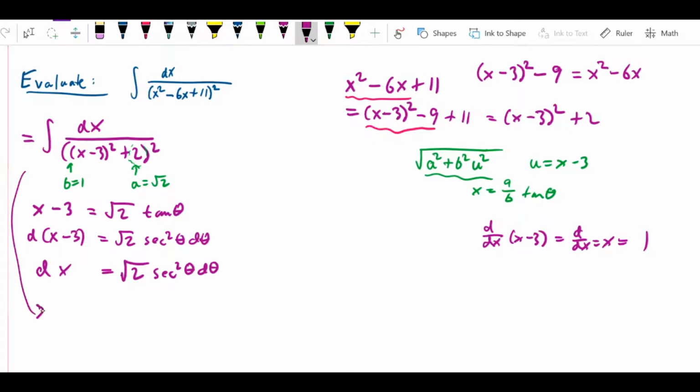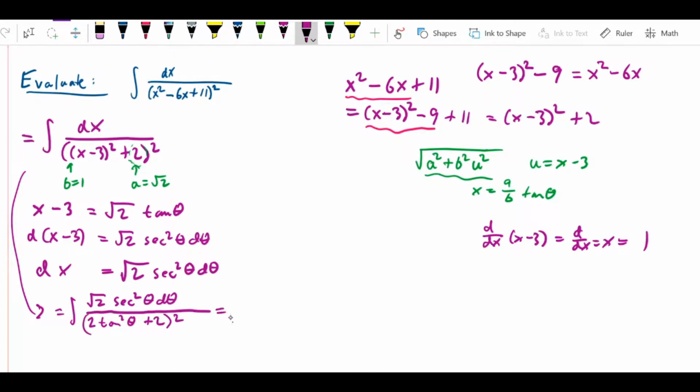Just coming down here again, this is going to be equal to the integral of square root of 2 secant squared theta d theta over, and then down here I have x minus 3 squared. So since x minus 3 equals root 2 tan theta, that gives me 2 tan squared theta plus 2 squared.